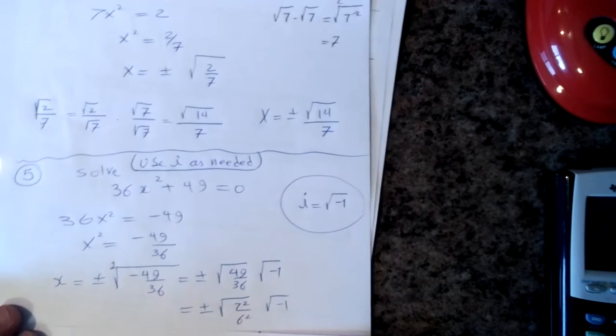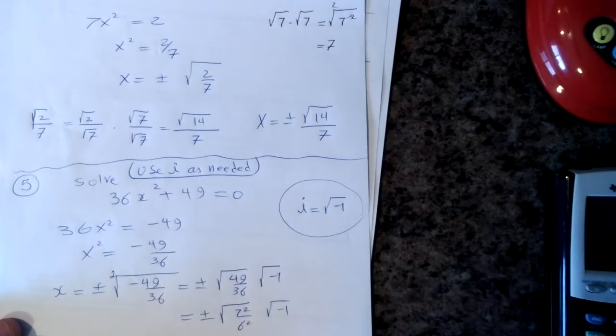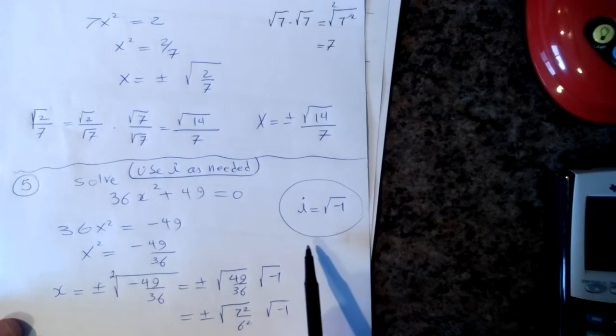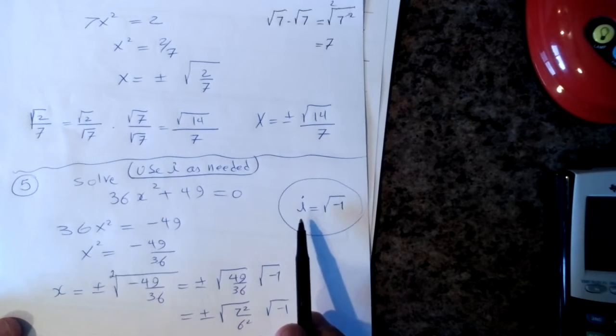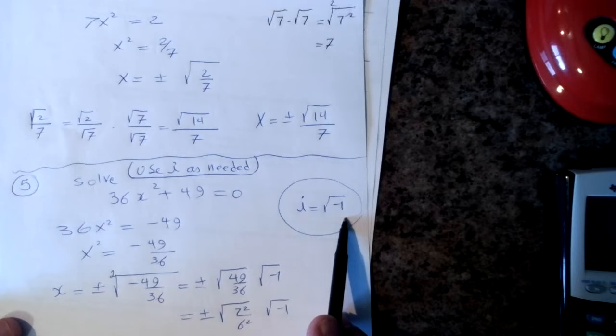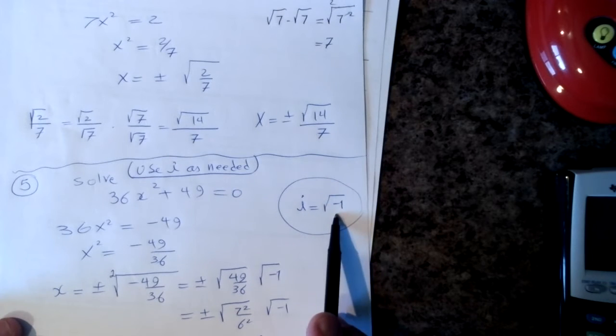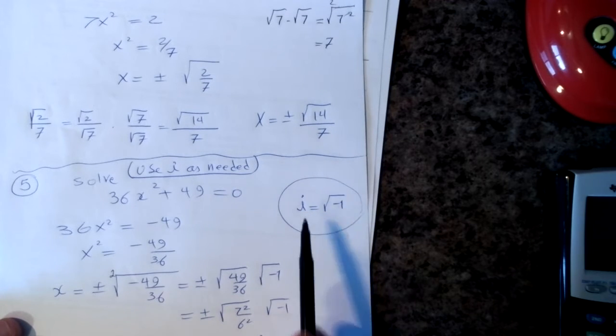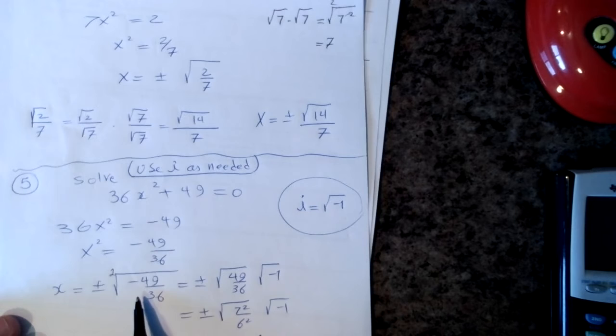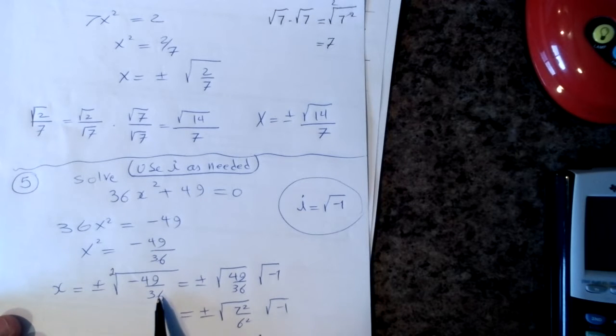So in that case, what we do is think of a complex number. Remember, i is radical negative 1. Anytime you see a radical negative 1, you could replace it with i, the complex number. So here, I have minus 49 over 6. I break it into two radicals, radical 49 over 6, and this one is i.